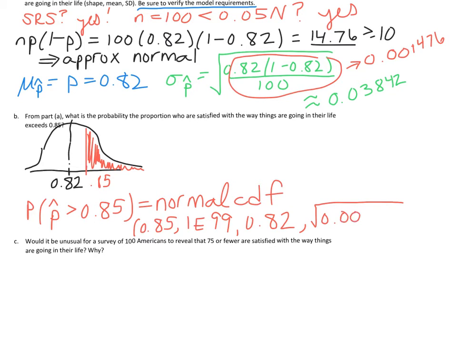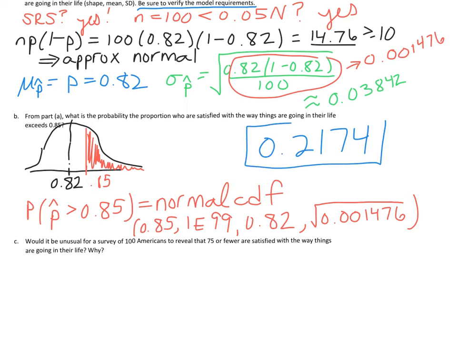It's better not to round until the very last step, because you never know how far off it will get you if you round too often. Okay, so we put that into our calculator, and then the probability ends up being 0.2174. So the probability that we get a random sample of 100 and that proportion is bigger than 0.85, the probability of that occurring is about 22%.